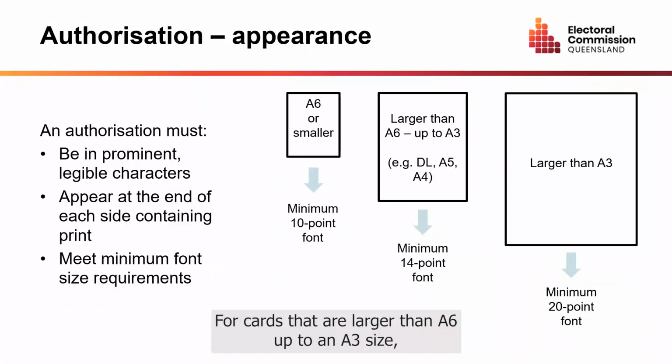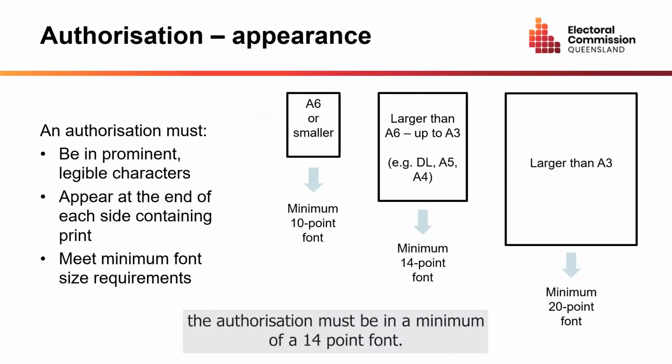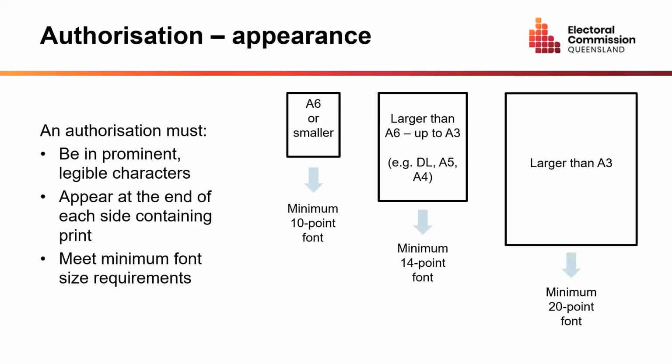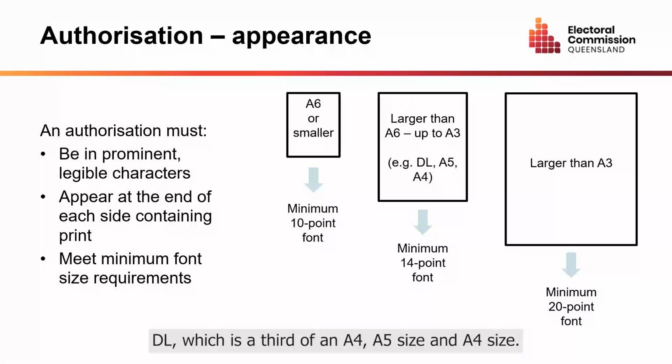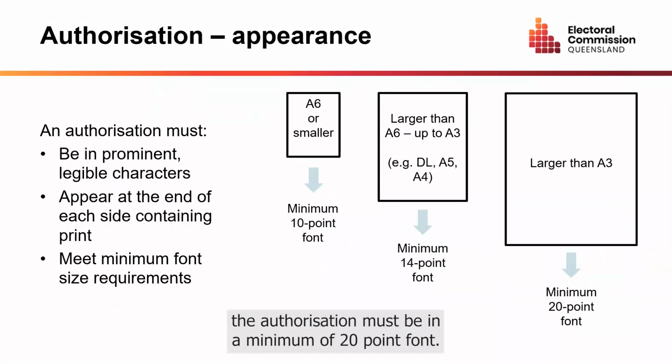For cards that are larger than A6, up to an A3 size, the authorisation must be in a minimum of a 14-point font. This middle size includes the most common How to Vote card sizes, DL, which is a third of an A4, A5 size, and A4 size. For cards that are larger than A3, the authorisation must be in a minimum of 20-point font.